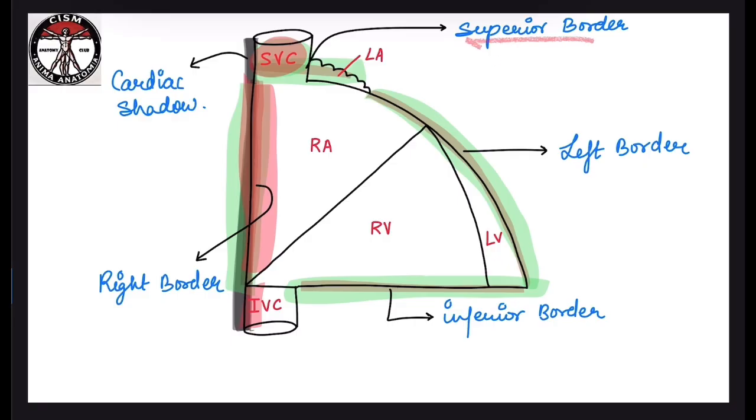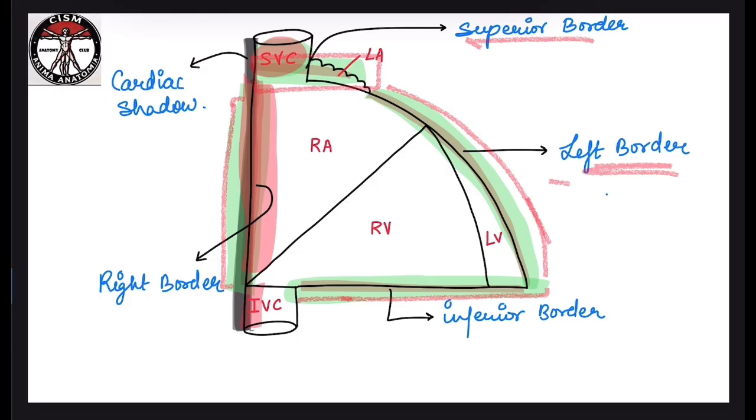This is the superior border, whereas this is the left border, and this is the inferior border. There is the right border. As we can see, the left border is formed from the left ventricle and part of the left auricle.